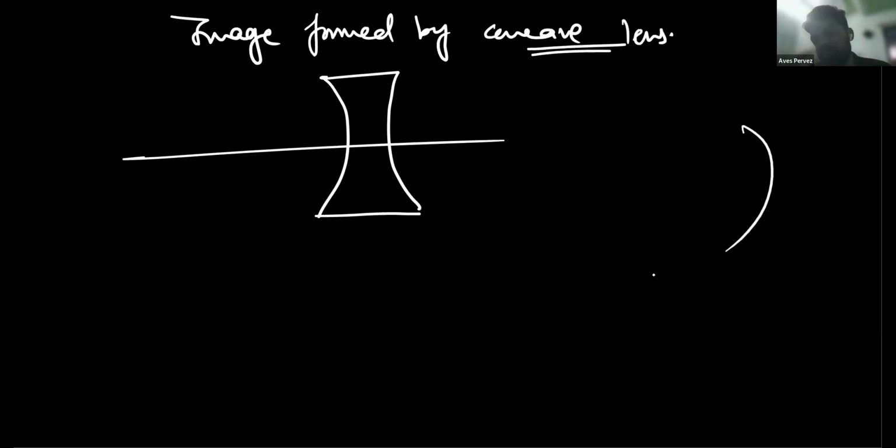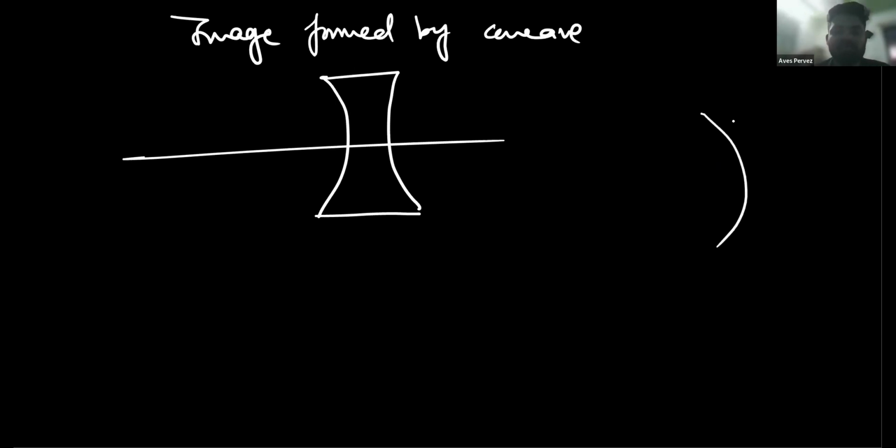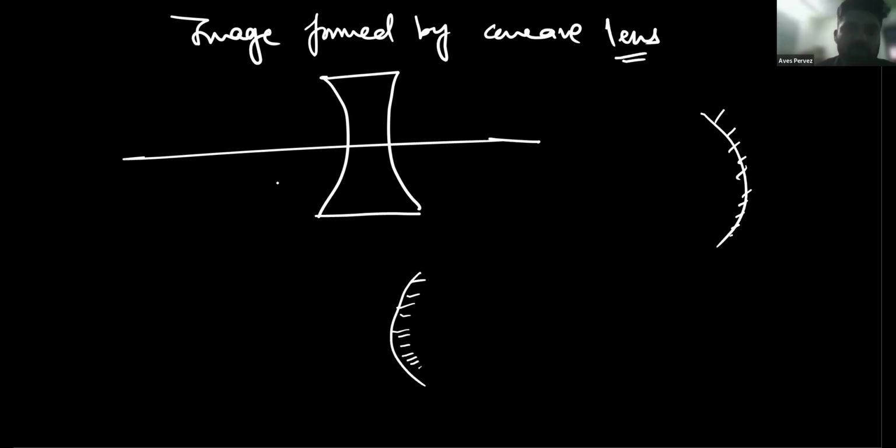Sorry, I said mirror. This is a concave lens. It is showing the property of a convex mirror. It has focal length f and a radius of curvature. So this is the concave lens.